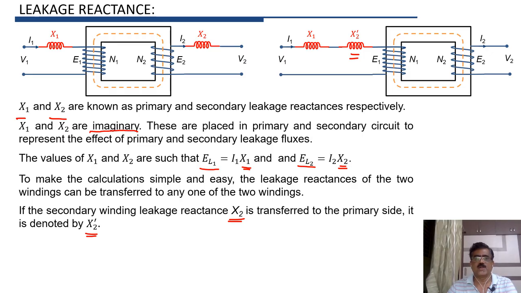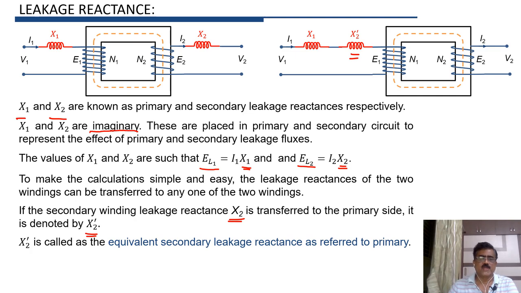Here X2 dash is called the equivalent secondary leakage reactance, as referred to primary, because now it is transferred to the primary side.